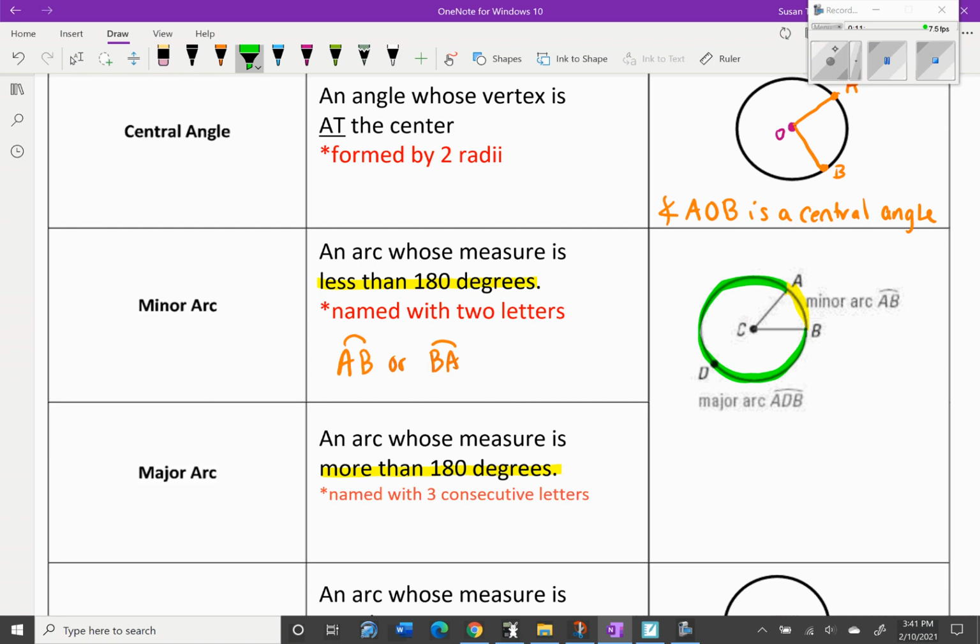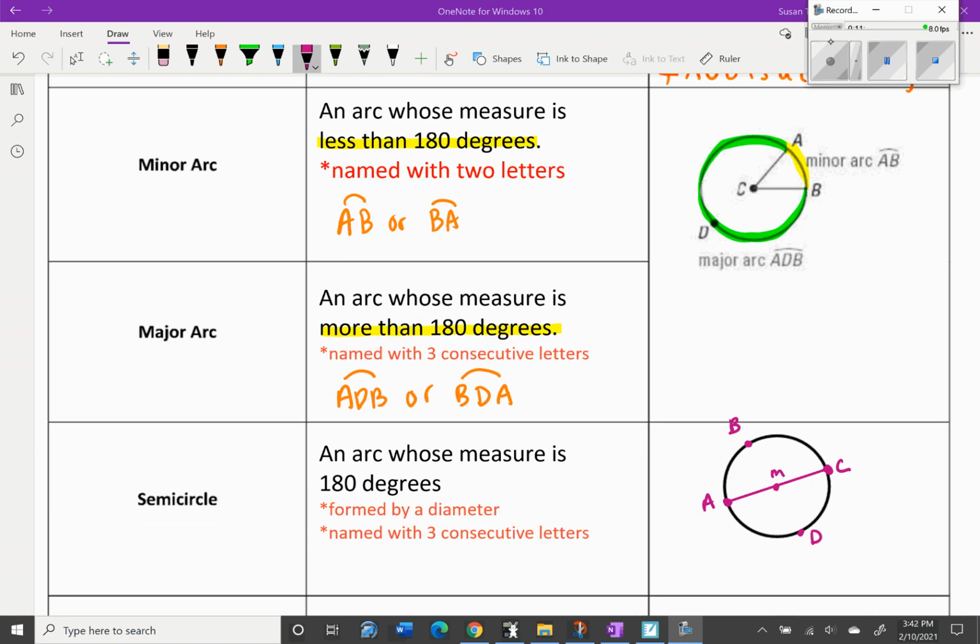That would be half of your circle, because a full circle is 360. So as long as it's more than half your circle. And so for this, we would name it with 3 consecutive letters. So we could say arc ADB, or you could say arc BDA. The reverse order would also work.